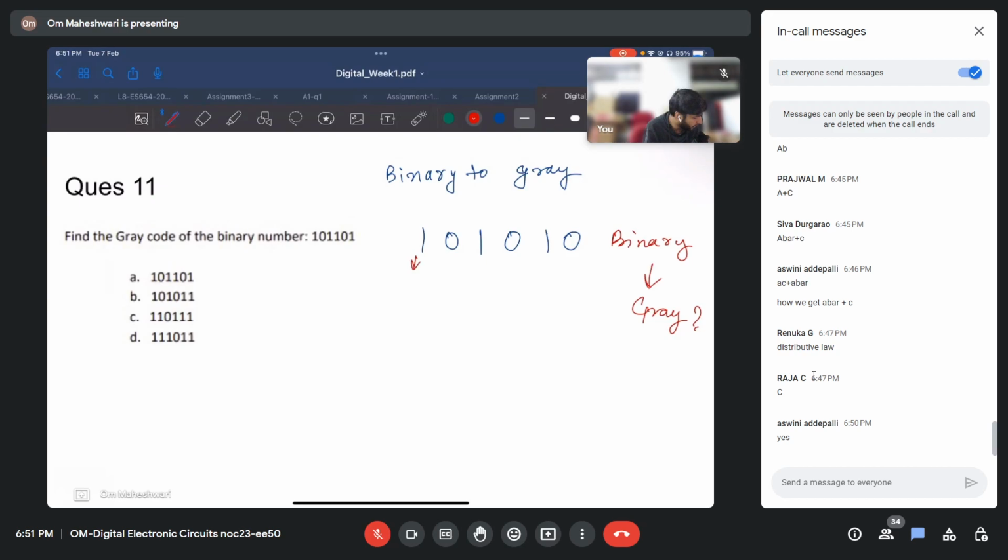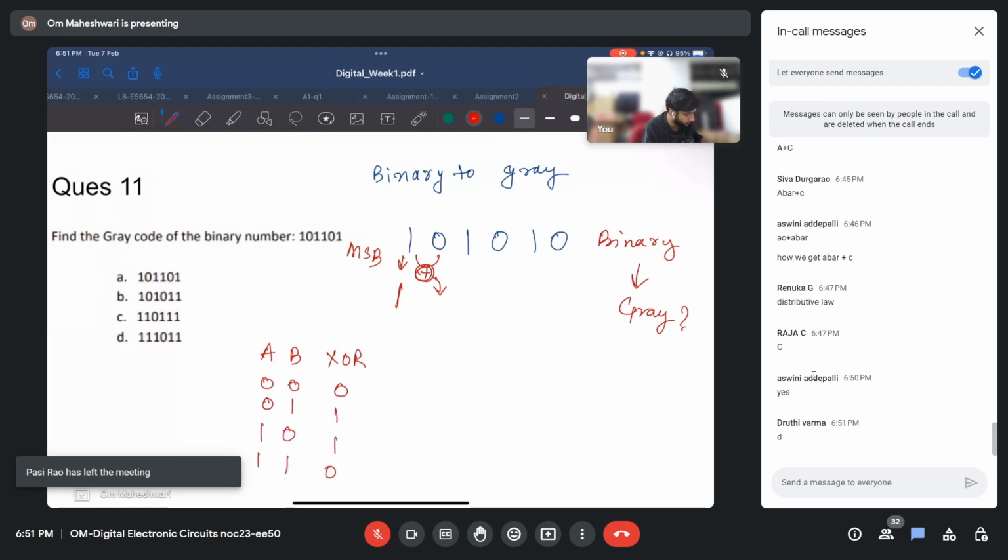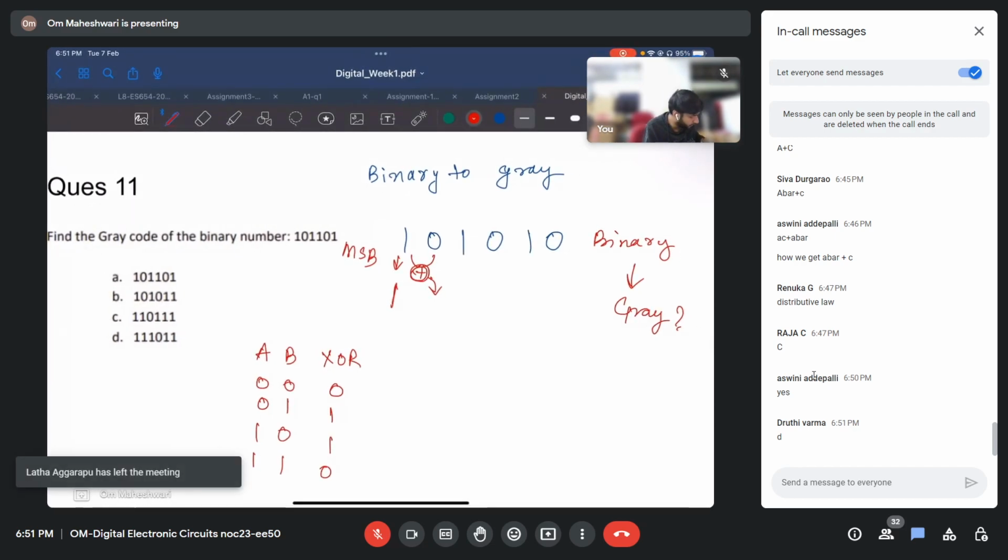So we write MSB as it is, that is 1. Then we do XOR operation between the two digits and then write the answer. So 1 and 0 XOR is, so let me write A, B XOR, 0 1 1 0 1 1. So XOR is 0 1 1 0. So whenever A and B are unequal, we get 1. So we get 1 here, again XOR, we get 1, XOR, we get 1, and 1, and again 1.